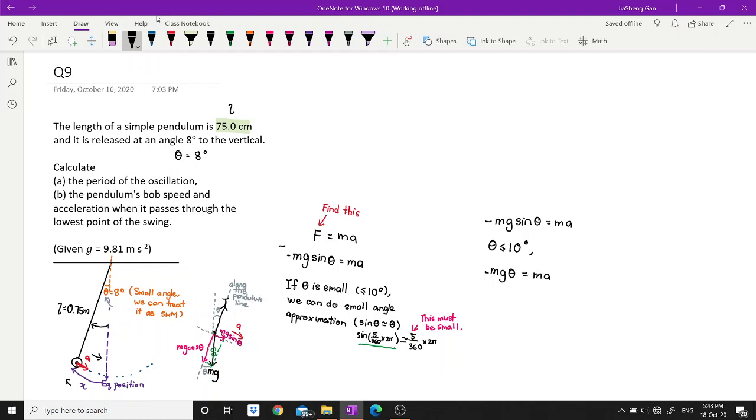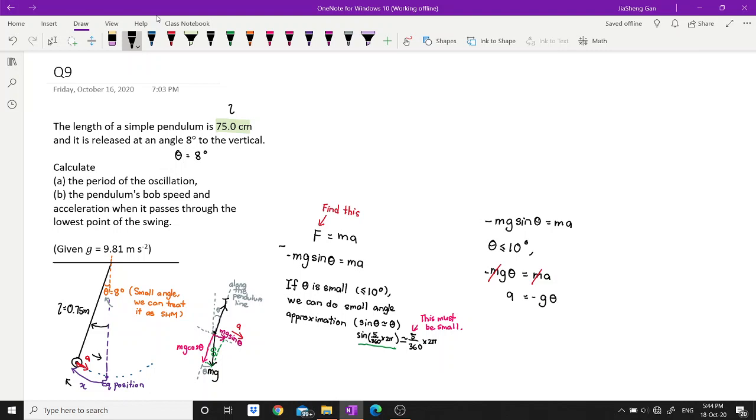The sine theta, we change it to become theta using small angle approximation. Now, you can cancel the m, and now you are left with a equals negative g theta.